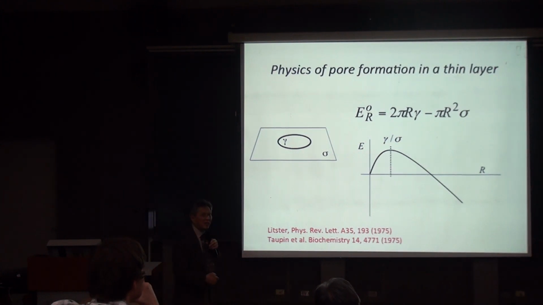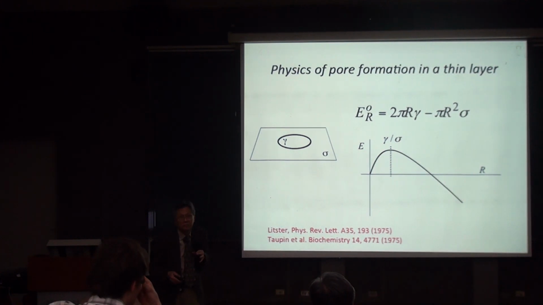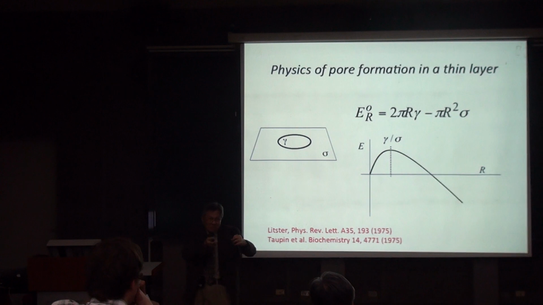If you have a thin layer and you make a hole, what is the physics? What is the energy? First, you have a line tension. Because you open a line, there is a positive energy, and that will be proportional to the circumference, proportional to R. But if you have a tension that tries to decrease area, it always tries to decrease it.